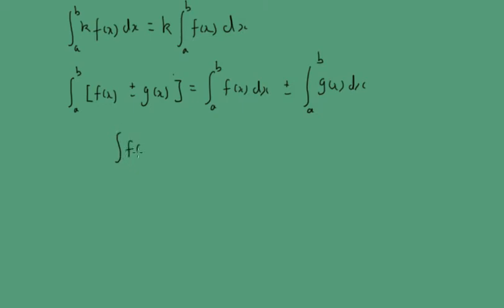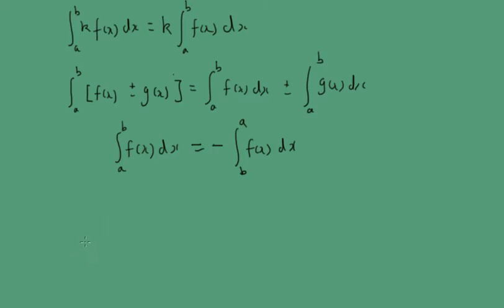This is an interesting one. So we find the integral of f of x dx within the limits a and b. That's the same as if we were to switch these around, minus the integral from b to a of f of x dx.